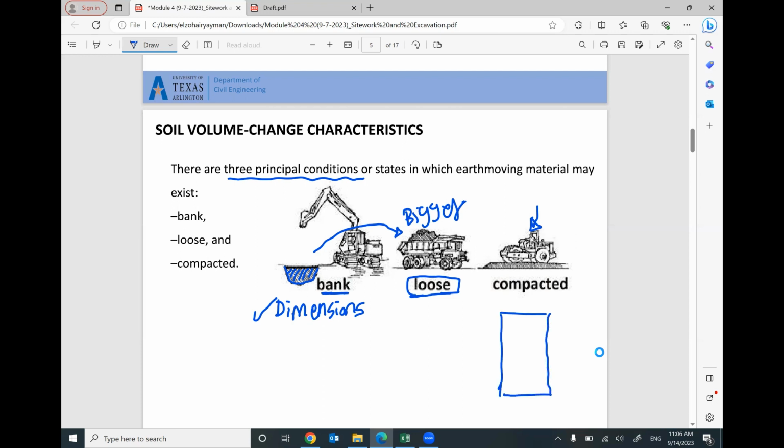Any soil, whatever the type of soil, has three components. The first one is called solid particles. The second one is water in this soil, and the third one is the void.